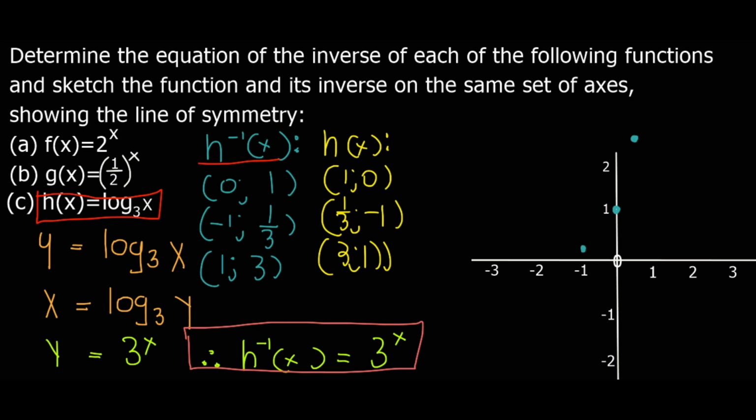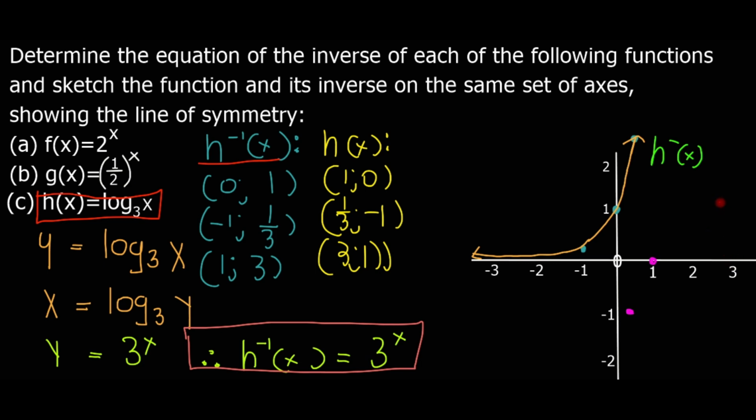So now this is our shape, and then I name it the inverse. So this one is the inverse, and then now I'll draw the original. 1 and 0 is here, 1/3 and -1 is somewhere here, and then +3 and +1.